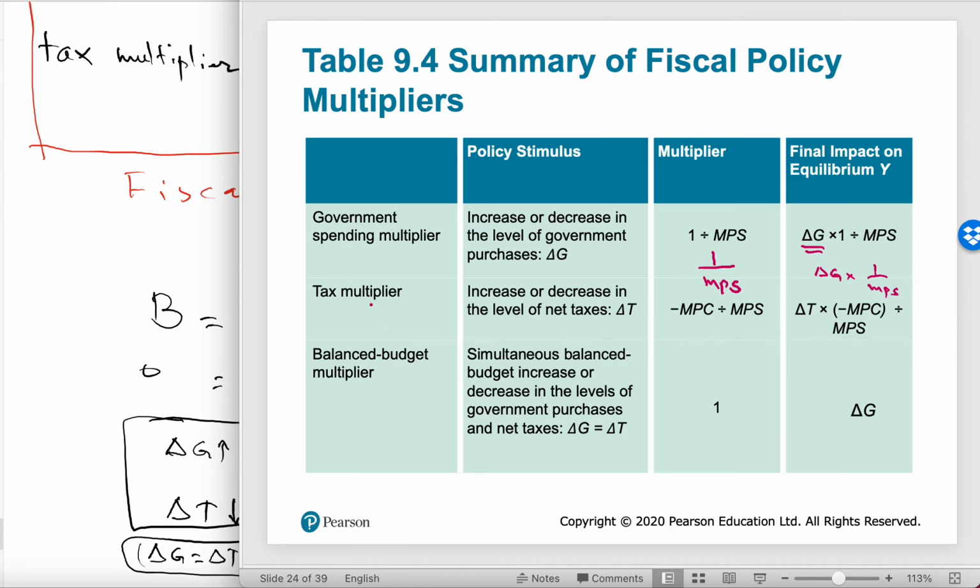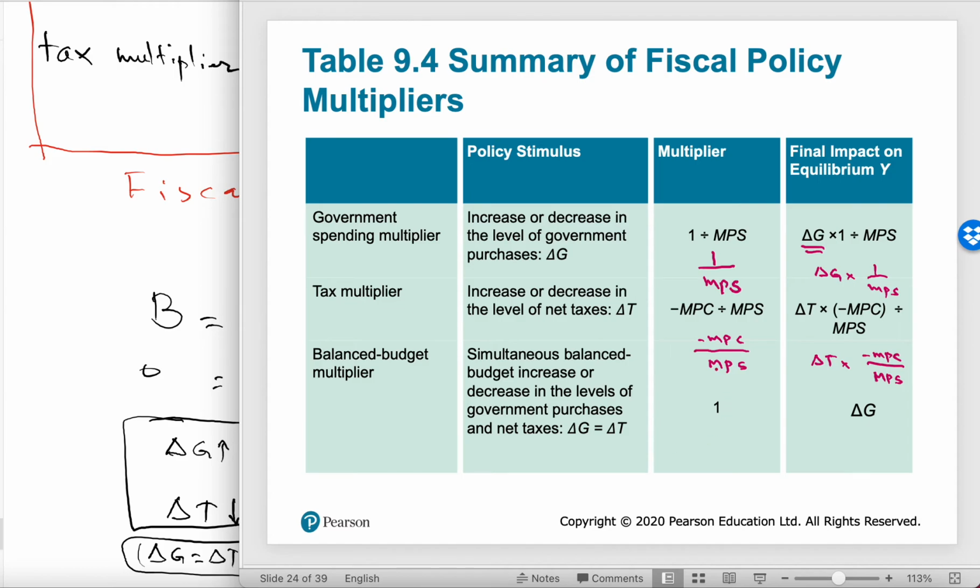And if we only change taxes, the tax multiplier is minus MPC divided by MPS, so it's delta T multiplied by minus MPC over MPS.